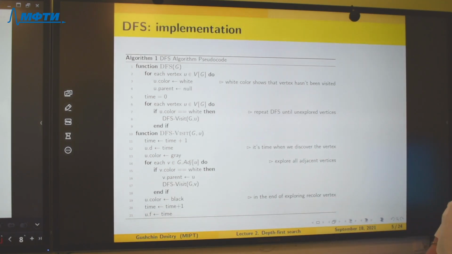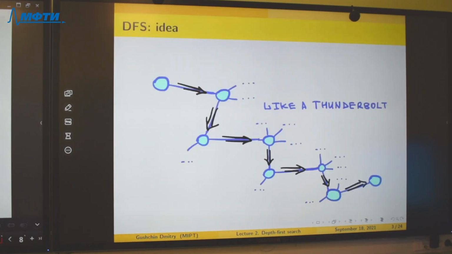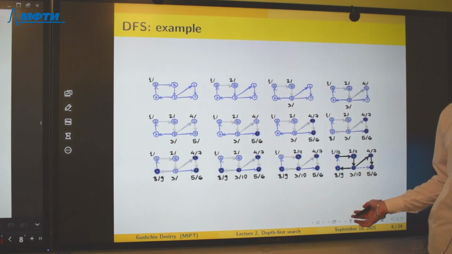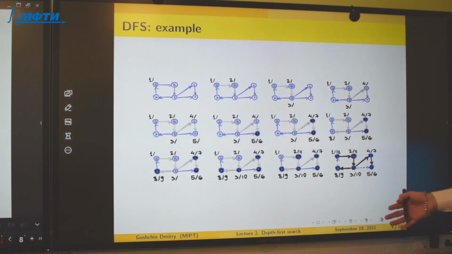But in the common way, as a result of DFS, you get a DFS tree, as in the example here, and you get discover time and finish time, and in different ways you can use the first time or the second time.